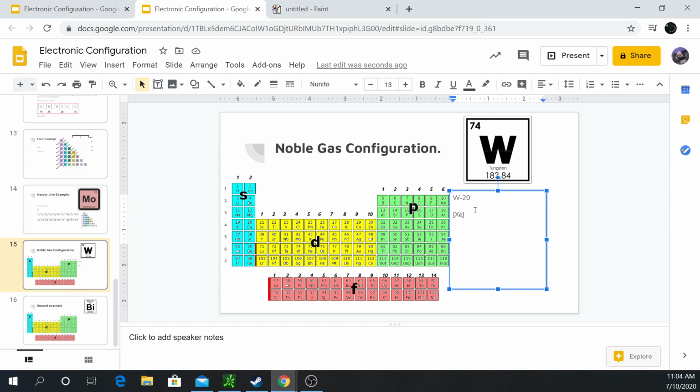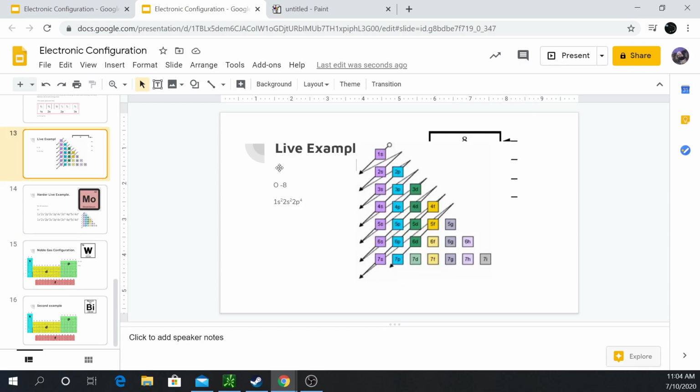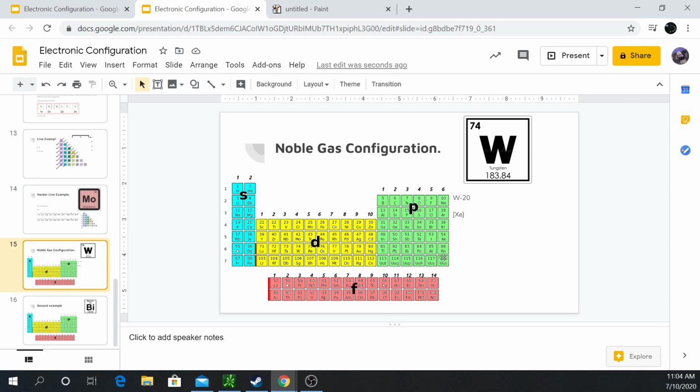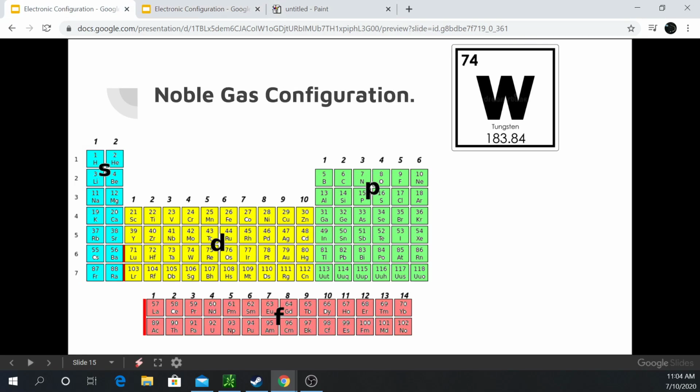Now, we're going to have to determine where we're going to start on our chart here. And we can determine that based off of the location of xenon. Xenon is in the 5th row, and it's in the P block, and it has a completely full P block. So we're going to start this after the P block.